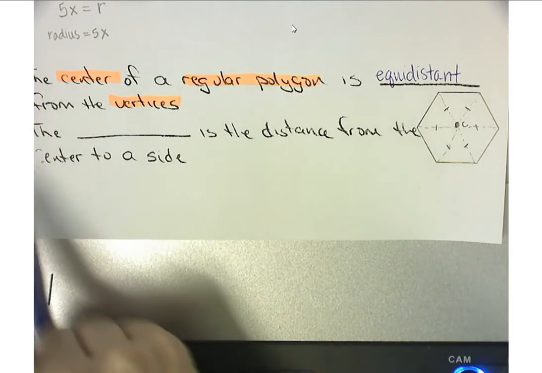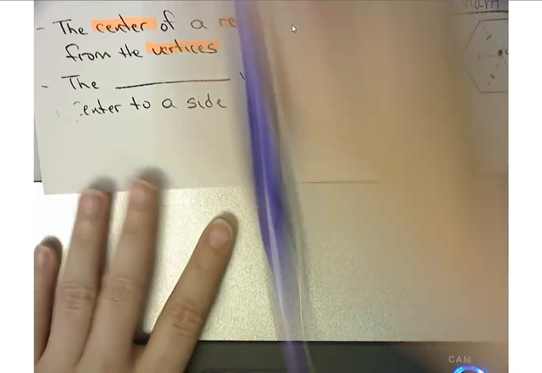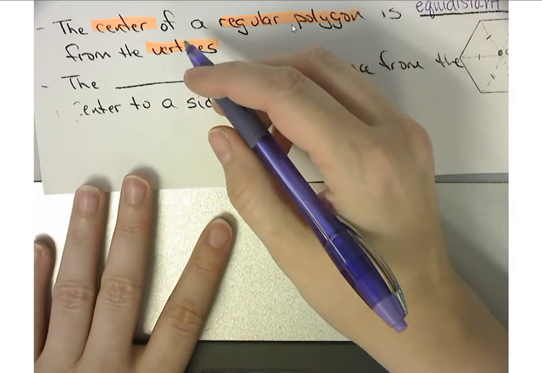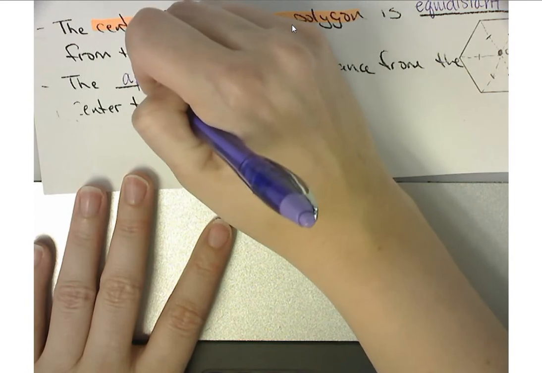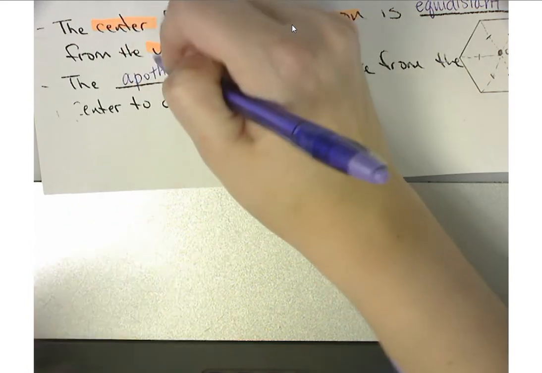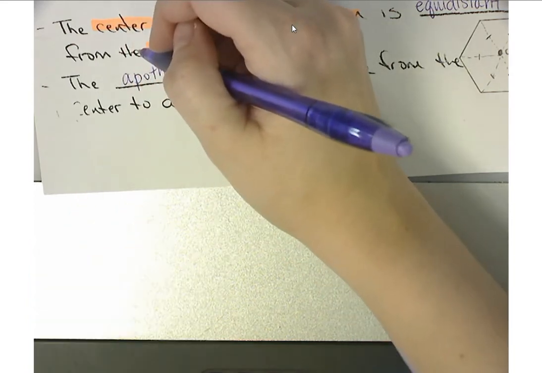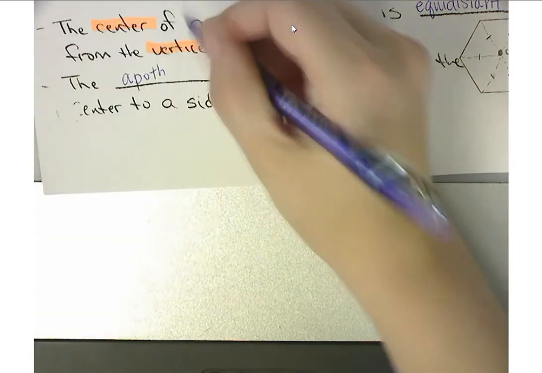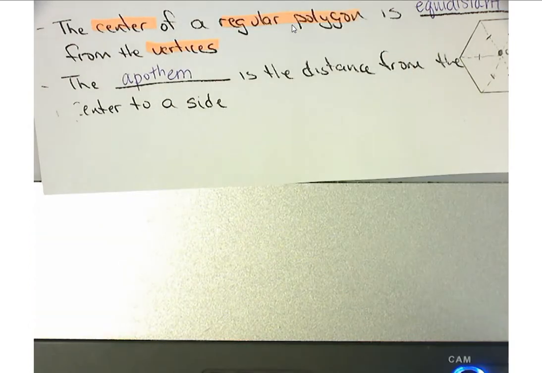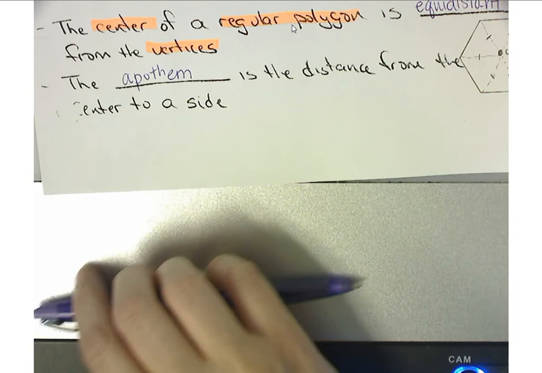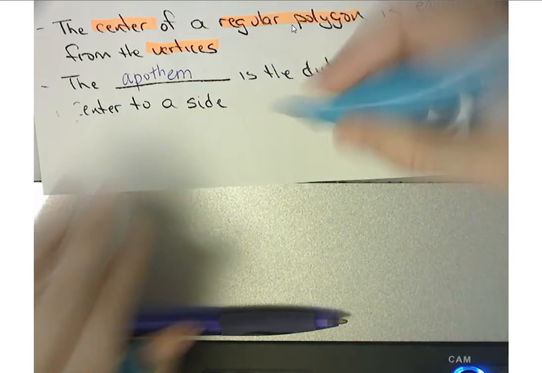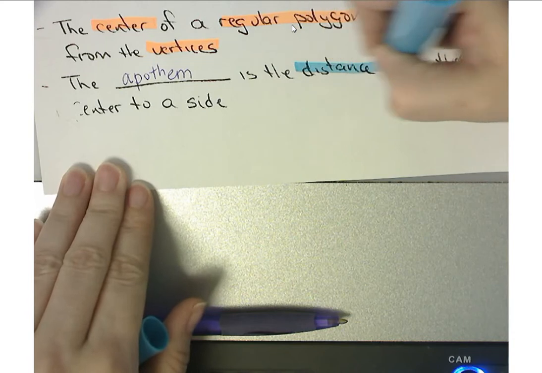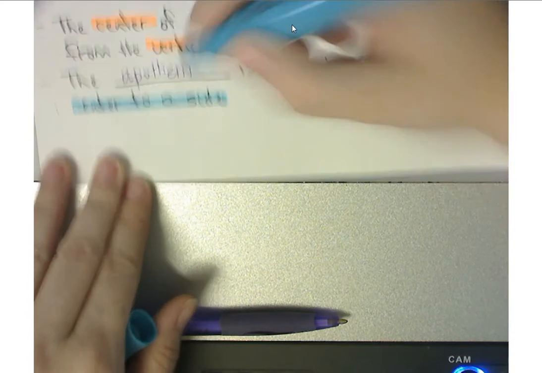All right, now, this is most likely a new word for you. Have you guys heard of an apothem? Okay, so the apothem is the distance from the center to a side.